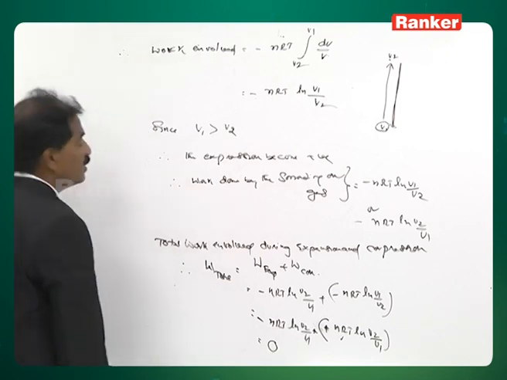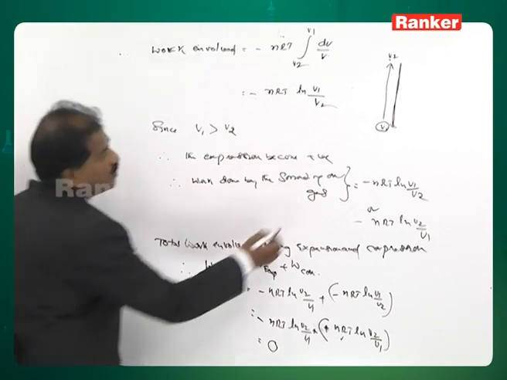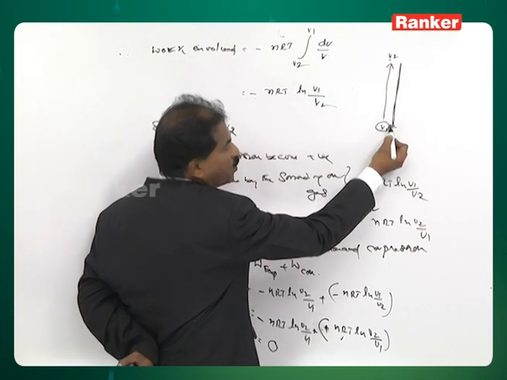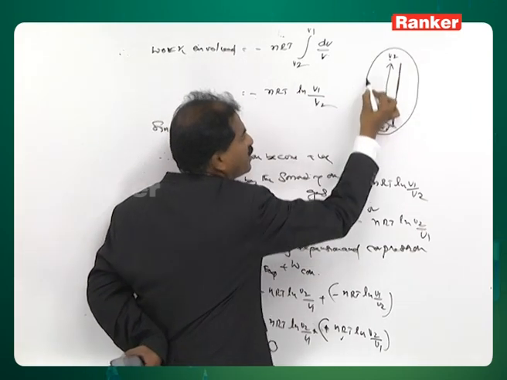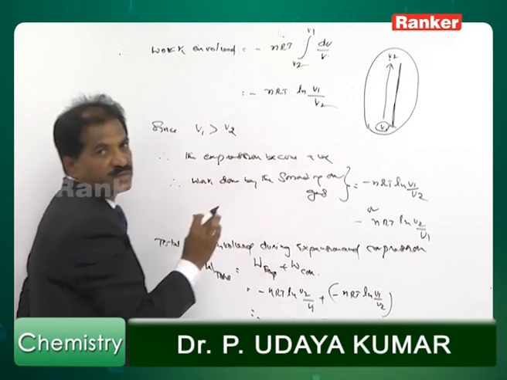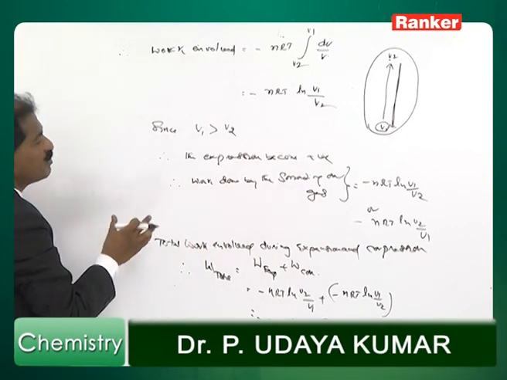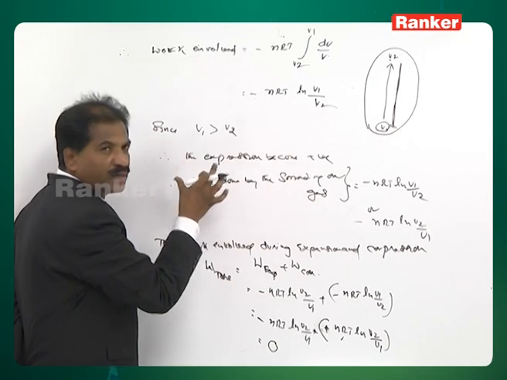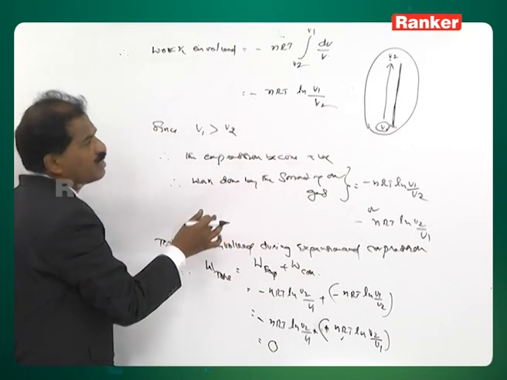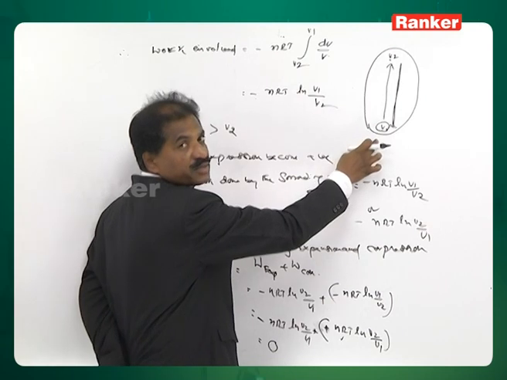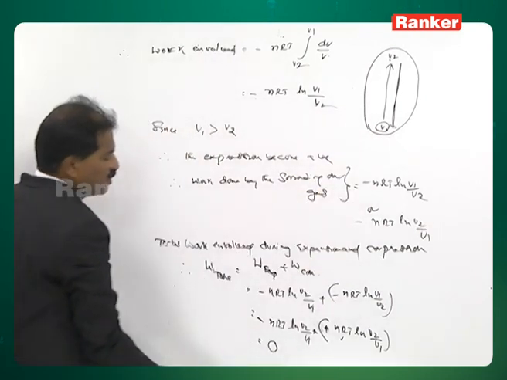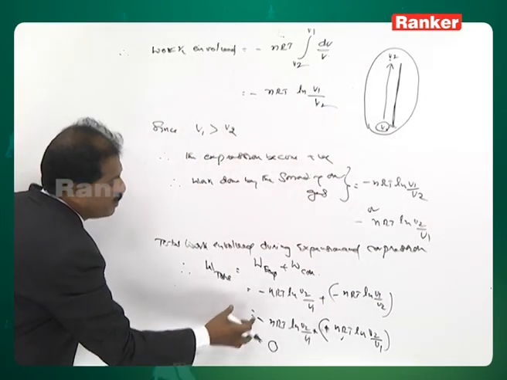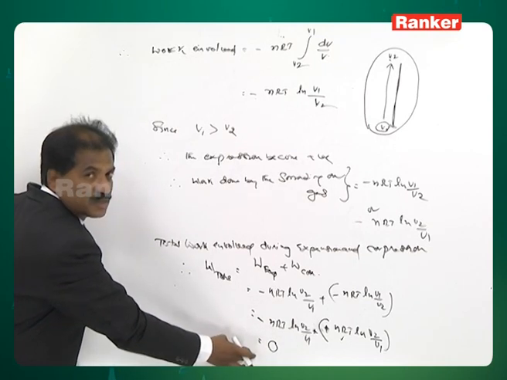Whenever the net work involved during expansion and compression is 0, then that process is considered a perfect cyclic process. Therefore, isothermal reversible expansion and isothermal reversible compression together are described as the cyclic process. In this cyclic process, the system has come back to a perfectly identical position.